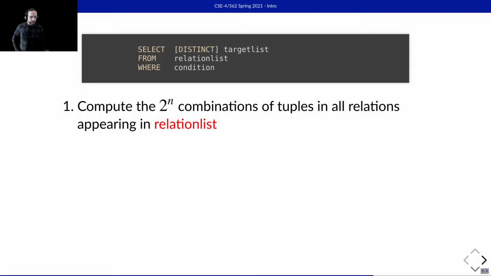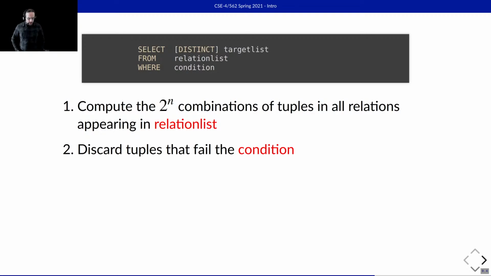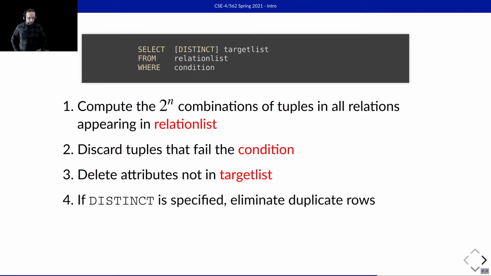Then you keep only the tuples that pass the condition, and you delete any attributes that don't show up in the target list, removing those elements of the tuples. And then you eliminate duplicate rows if distinct is specified.